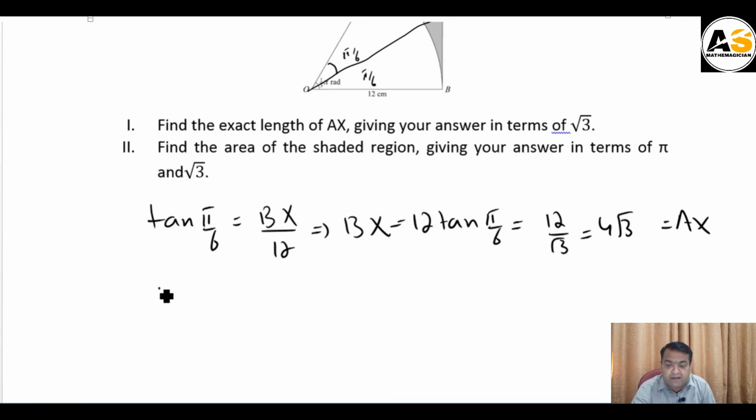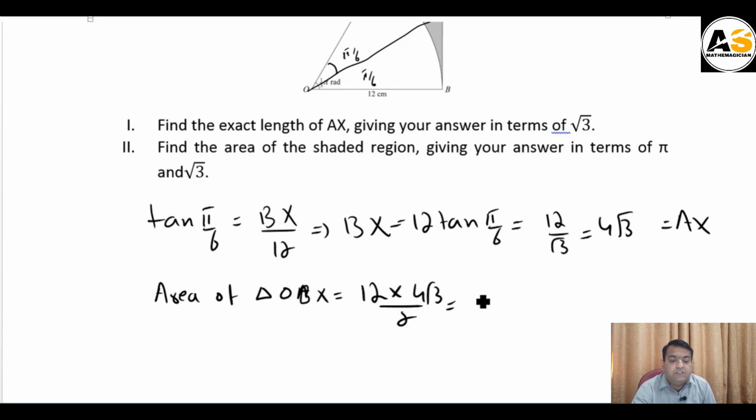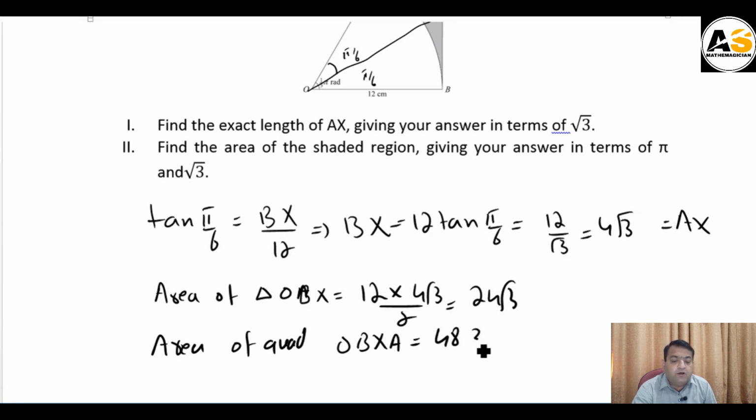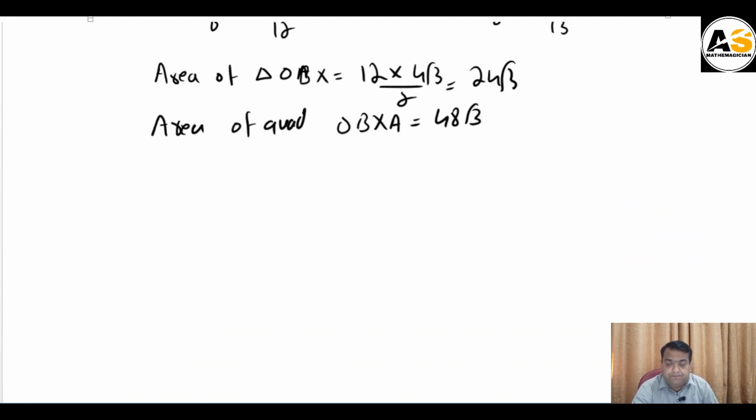So area of triangle OAX is equal to 12 multiplied by 4 square root 3 over 2, which is 24 square root 3, and area of quadrilateral OBXA will be equal to 48 square root 3. It's double.